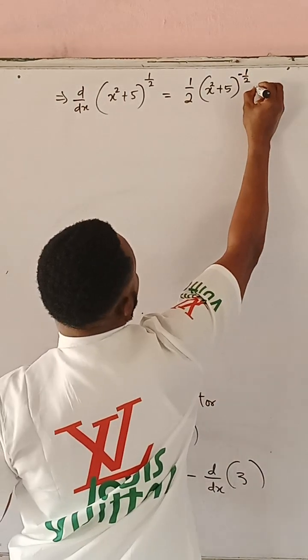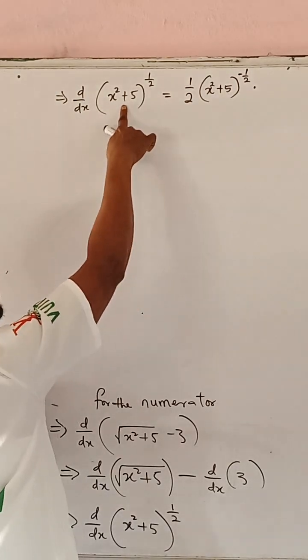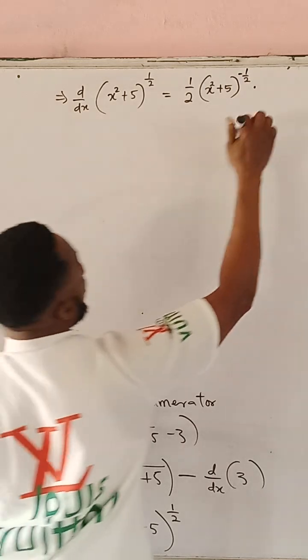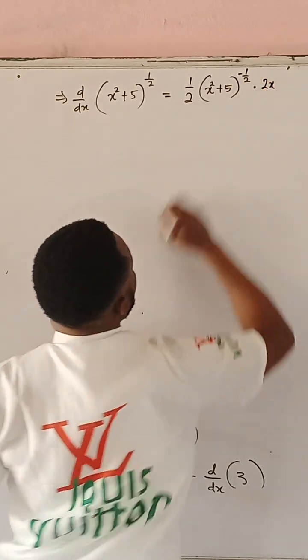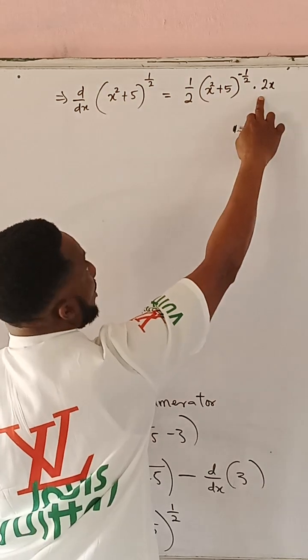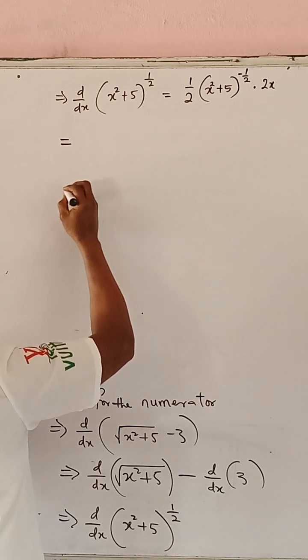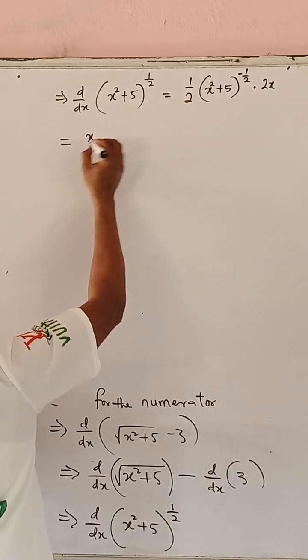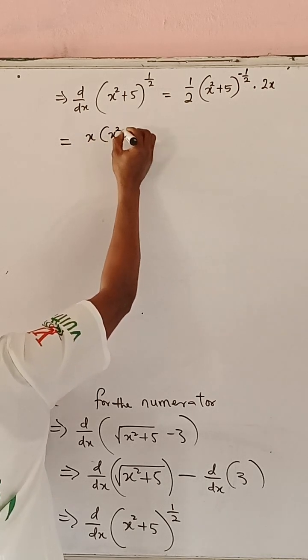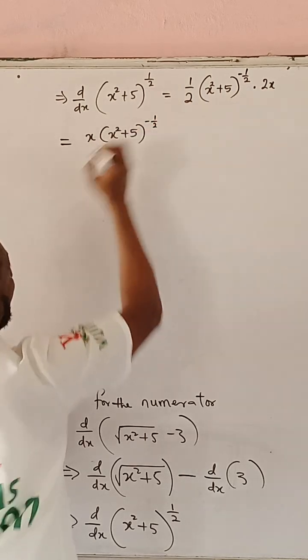Then I will multiply it by the differentiation of x squared plus 5, and that's 2x. So as you can see here, we cancel out the 2, we are left with x. So this is going to give me x into x squared plus 5 raised to the power of negative half.